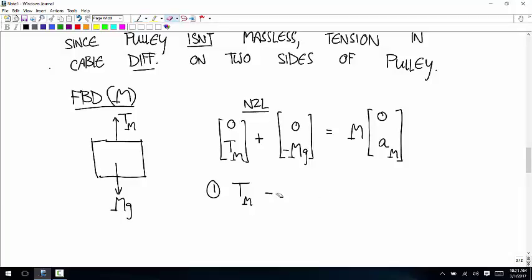Let me rearrange that. T sub big M minus big M A sub big M is equal to big M times G.